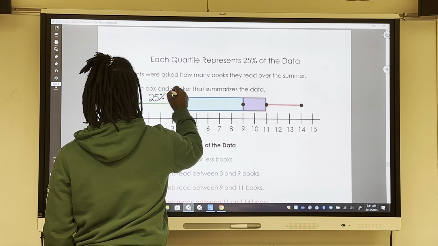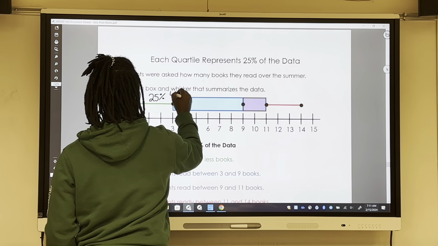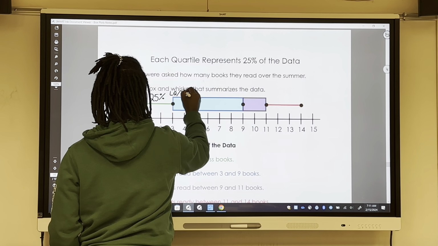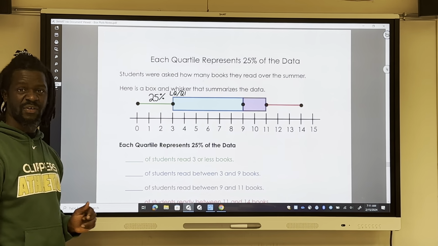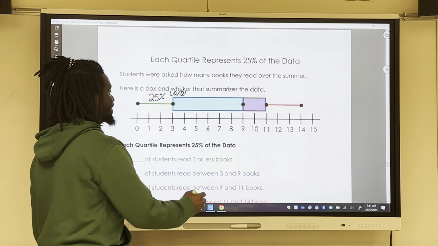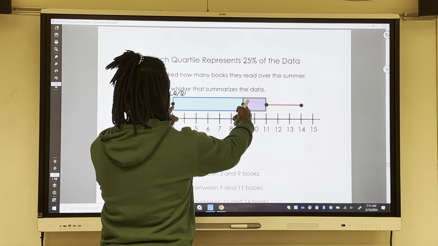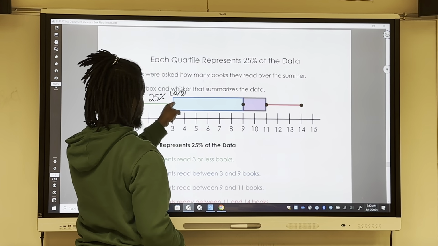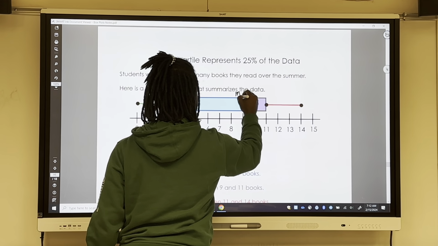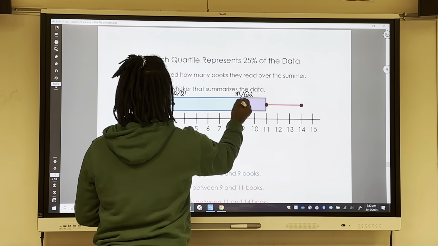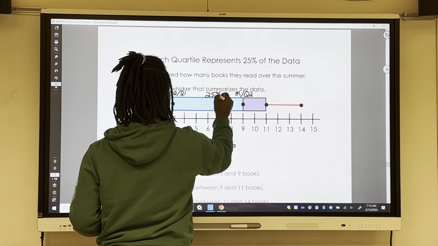This is called the lower quartile, another way it's referred to is Q1. So we know 25% of our data falls in between that. We also know that from the lower quartile, or Q1, to the median, or Q2, there's another 25% that falls in between.